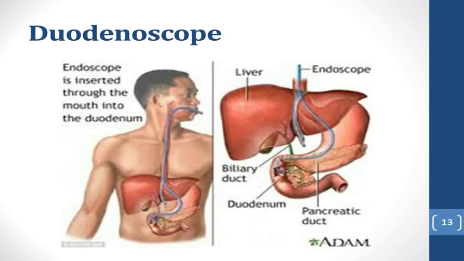Like I said, they can do some biopsies or they can do some therapeutic treatment for the liver or the pancreas. Well, a hazard could be, it could go down the wrong airway. We have two airways. We have one that goes into our lungs and one that goes into our digestive system. And also it could cause some damage to the teeth or the tongue. It could cause damage just going through your duodenum. There's all kinds of things that could happen.